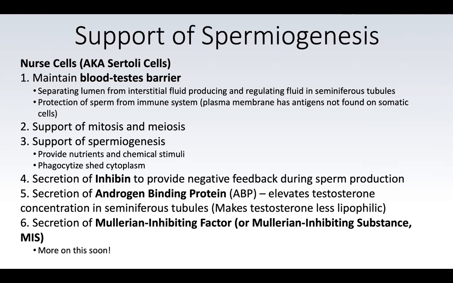The nurse cells, also known as Sertoli cells, are also responsible for releasing Mullerian inhibiting factor. It's also known as Mullerian inhibiting substance, MIS. This is going to be really important during that key week during development, where the embryo, the developing fetus, is at that time where processes may start.